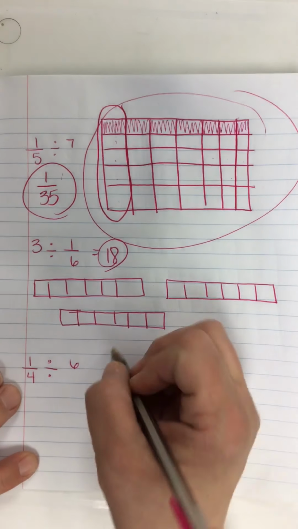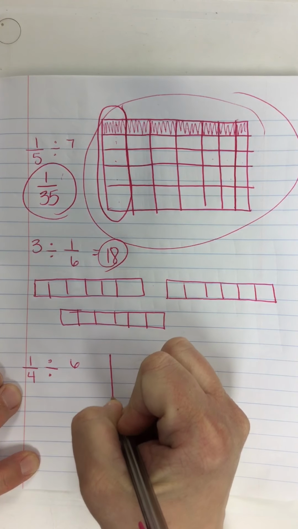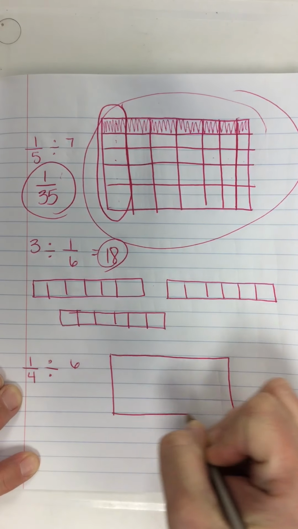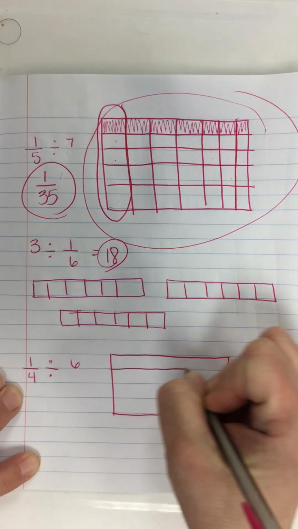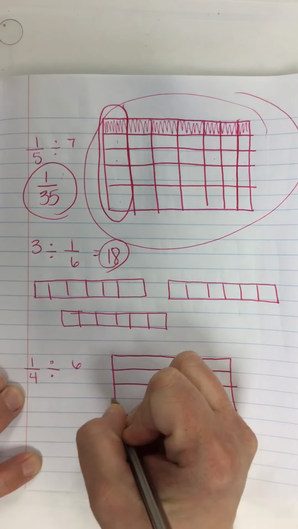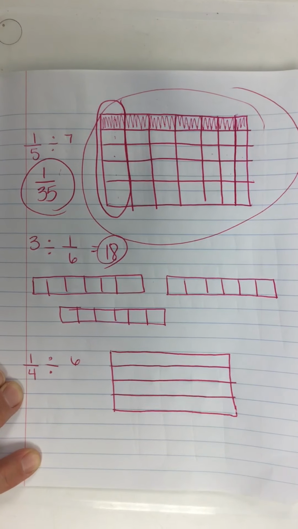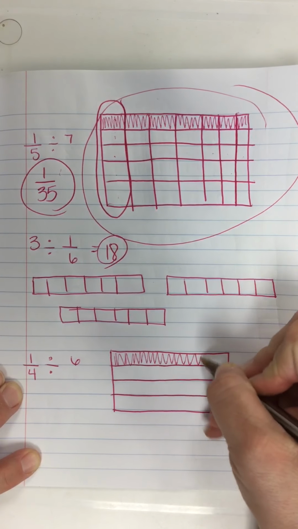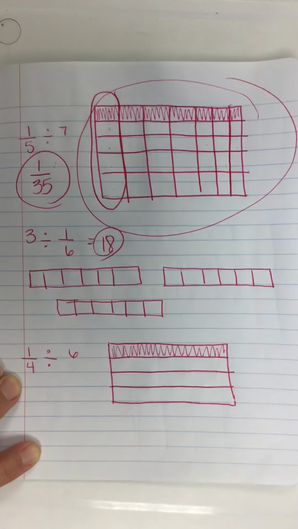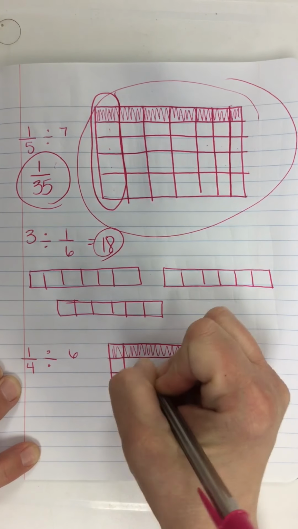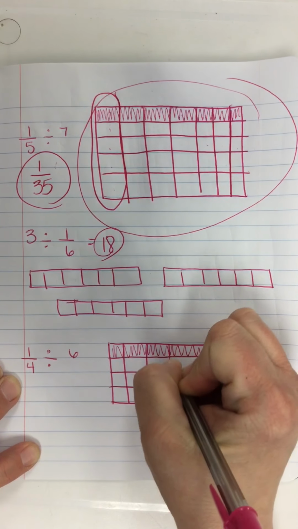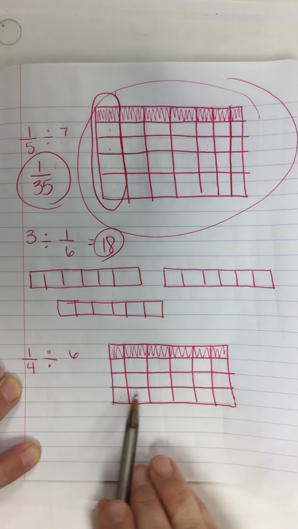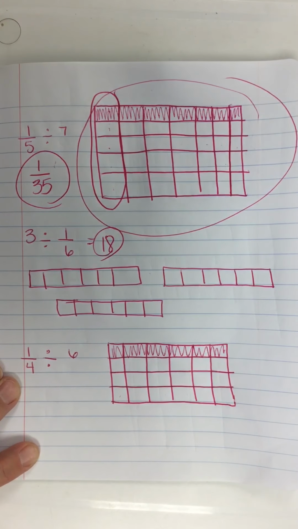1/4 divided by 6. One model. Okay, so you represent the 1 model. 1 out of 4, and then you break it into 6 pieces. 1, 2, 3, 4, 5, 6 pieces.